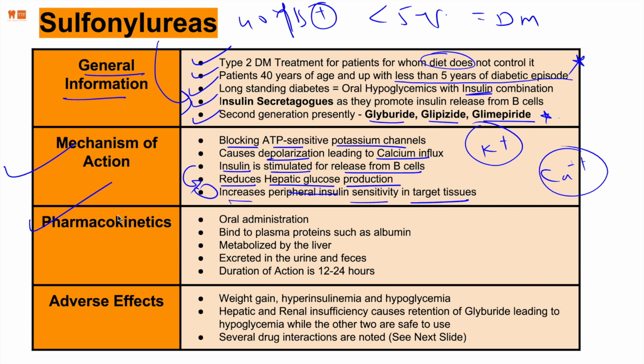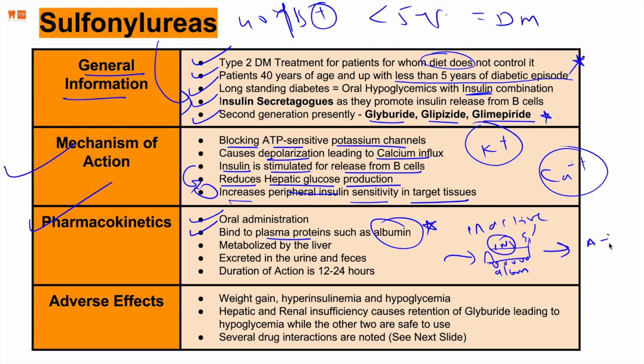Moving on, pharmacokinetics. Oral administration, it binds to plasma proteins such as albumin, which means as soon as something is bound to albumin, it is inactive. What does that mean? Well, it catches the train, and that train takes it, so the drug is sitting on this albumin train, and it takes it from point A to point B. In this journey, it is inactive, but as soon as it gets off at station A or station B, it becomes active.